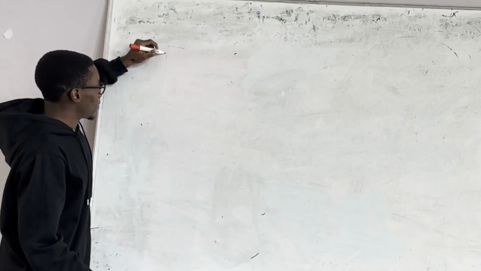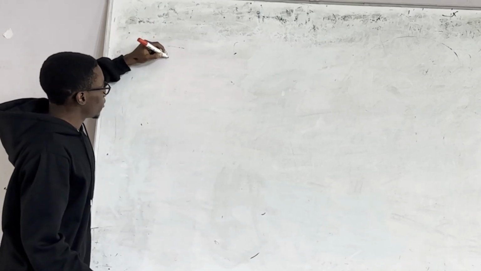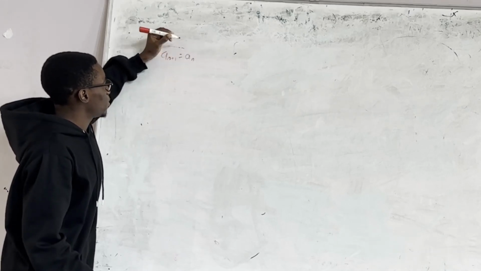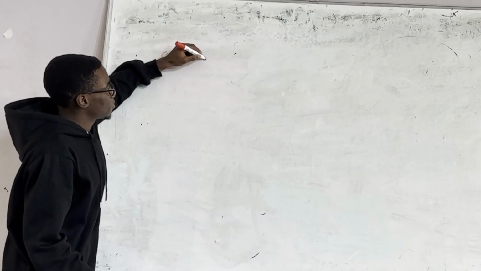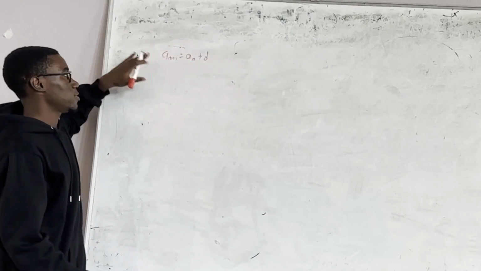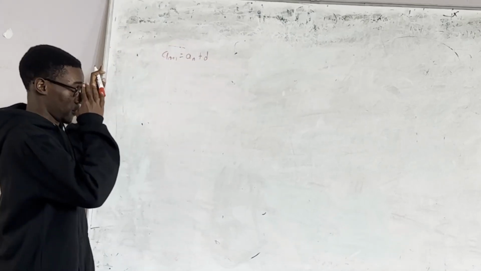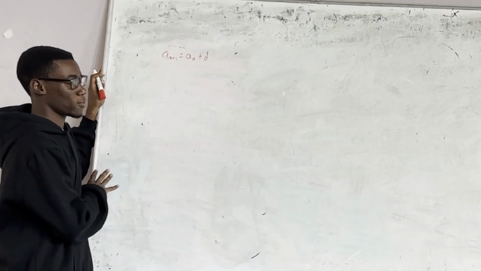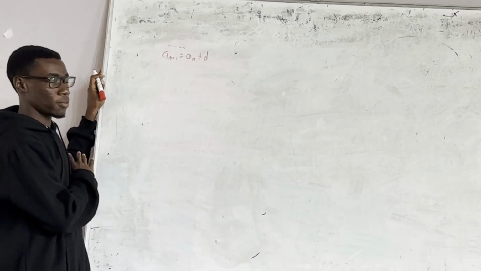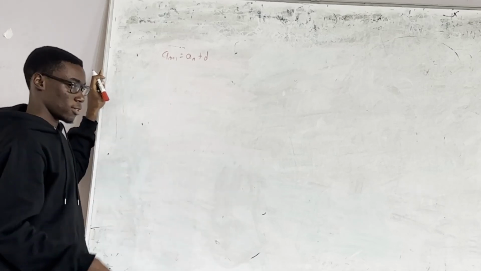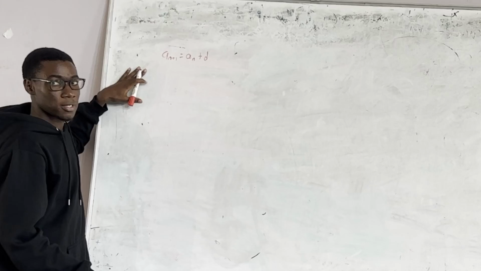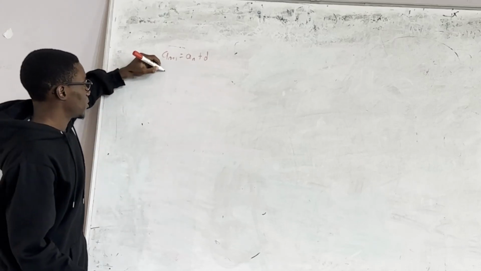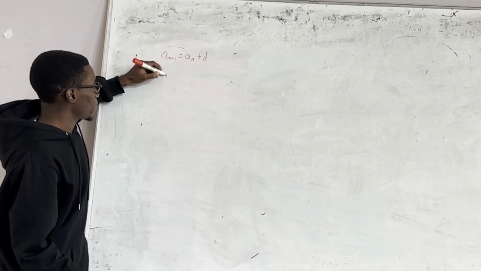Let me say a of n plus 1 is equal to a of n plus d, and d is denoted as the common difference. The series that we looked at previously, 2n, is an arithmetic series.